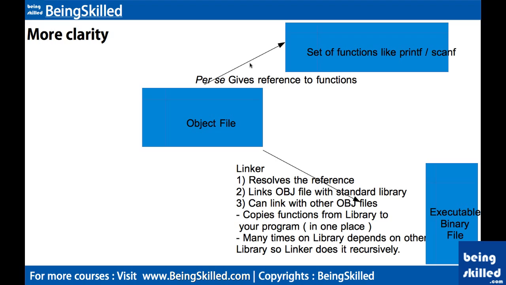Let's say there is a function which depends on another function. It will take function number 1 and then function number 2. The source code of function 1 and 2 will be imported into the single file, and then eventually an executable binary file is formed, which we execute, which we run.